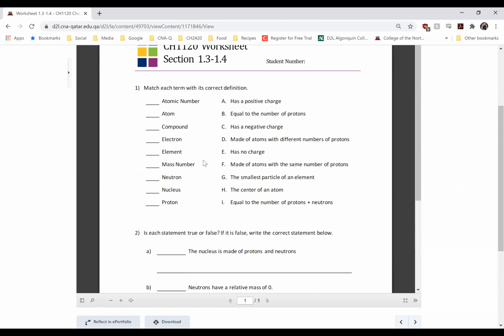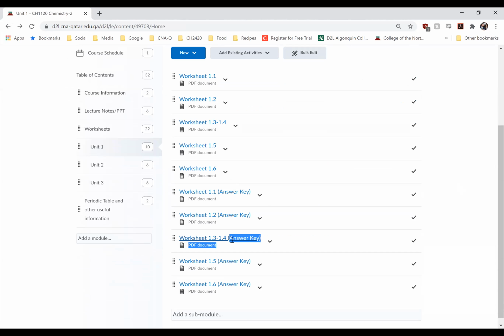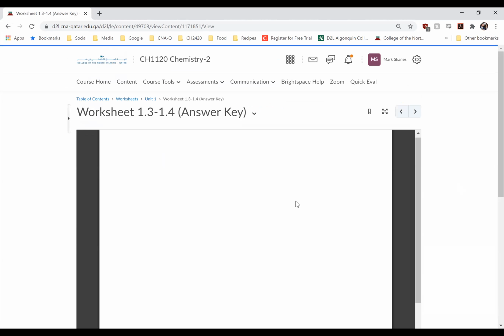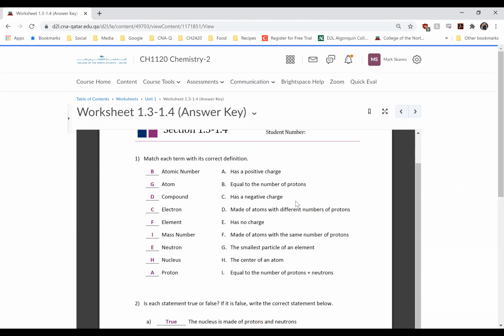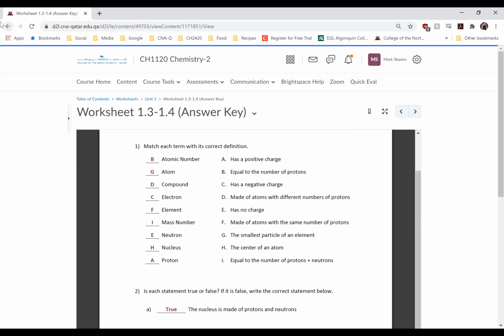I won't bother going through the answers because you can do that yourself. If you want to see your answers, you can go to the answer key and have a look. I don't want to waste time reading definitions to you because there are some questions I want to actually practice with you. You can check that out on your own time.